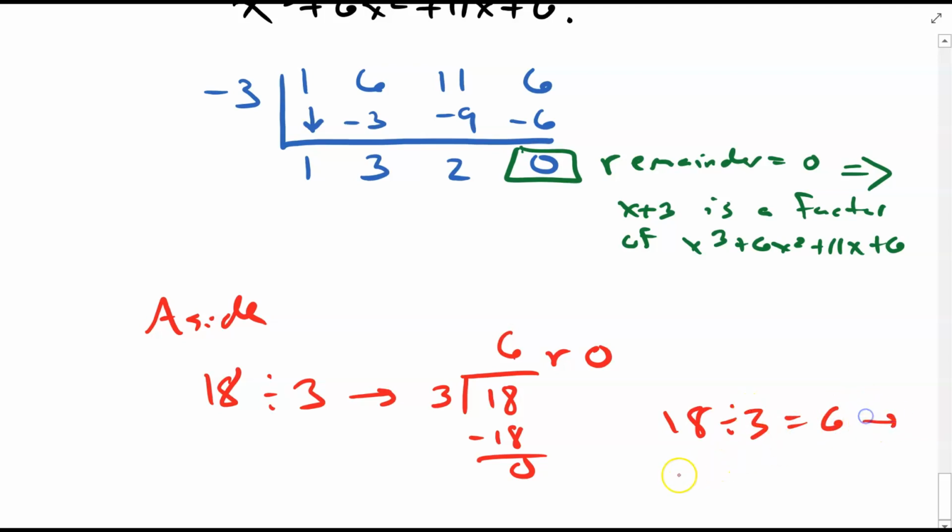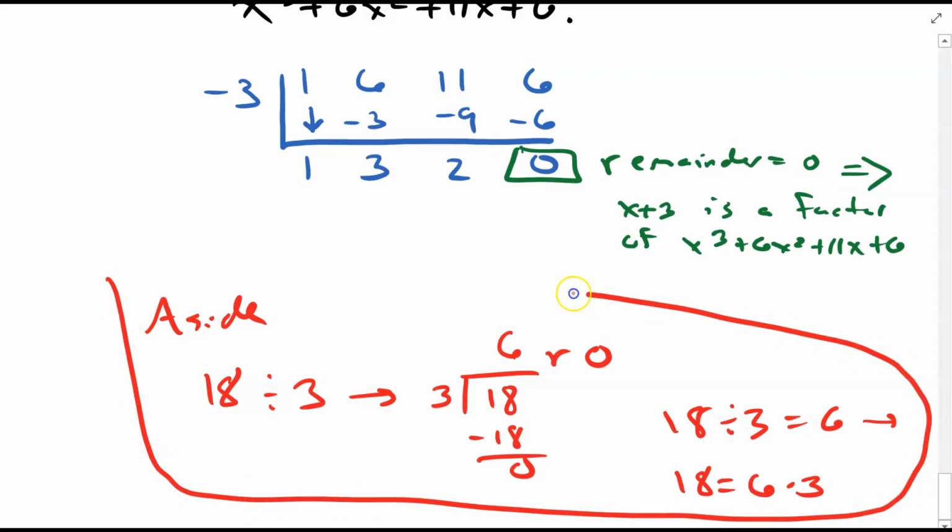Is that equivalent to saying 18 is equal to 6 times 3? That's the same thing, right? So let's use that same idea, the relationship between multiplication and division, for this problem.